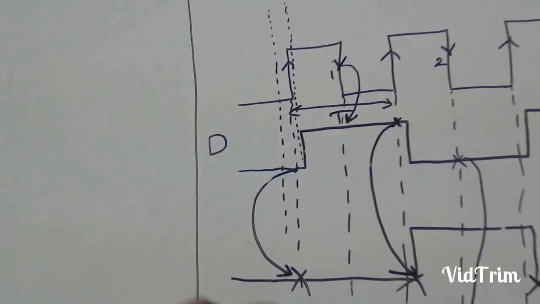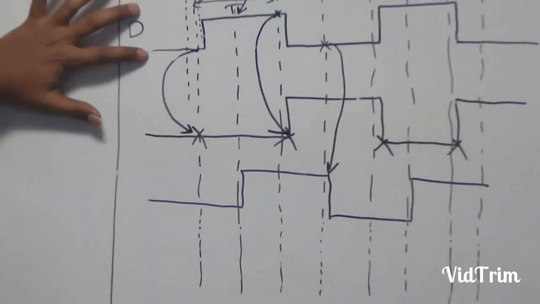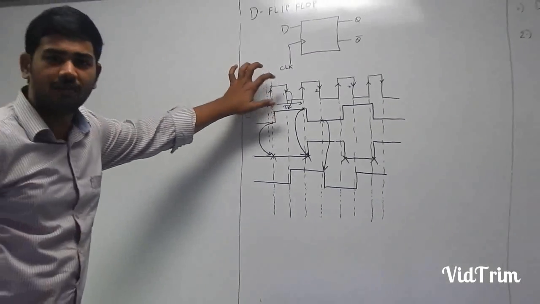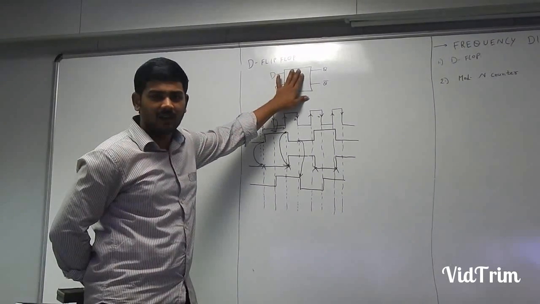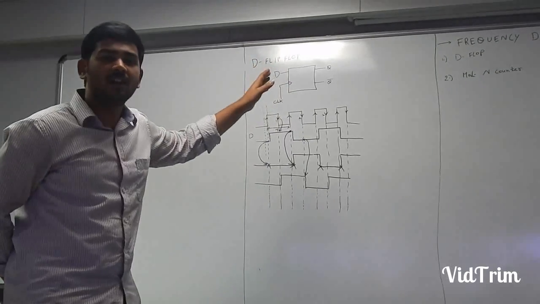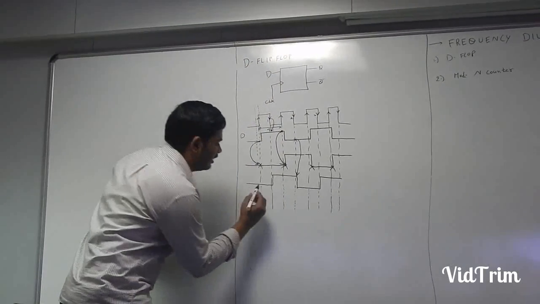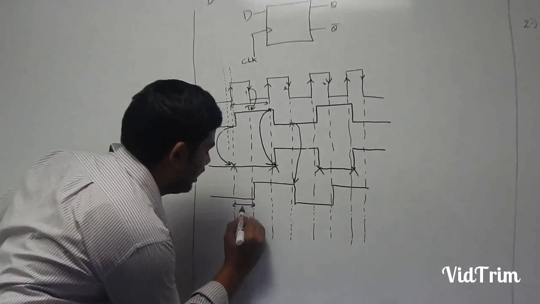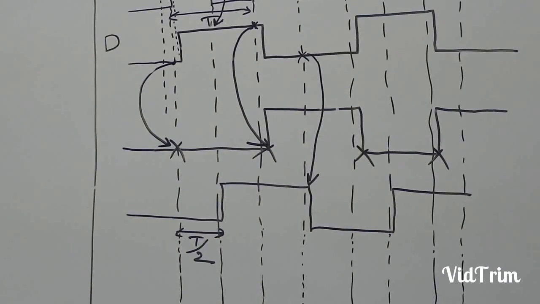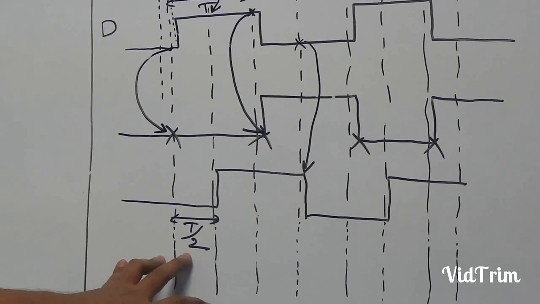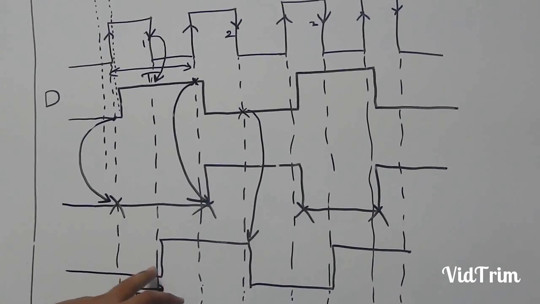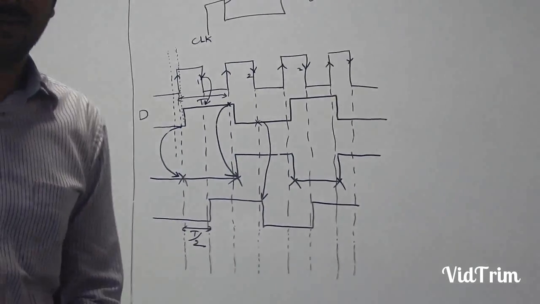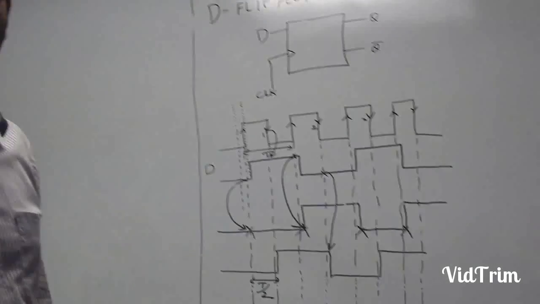So you can clearly understand that when I capture at the negative edge of the same clock, this D flop gives only a half cycle delay. You can observe clearly, this is only T by 2. I am drawing practical waveforms, not theoretical waveforms. At that instant no flop can react, so we have to respect setup and hold times.